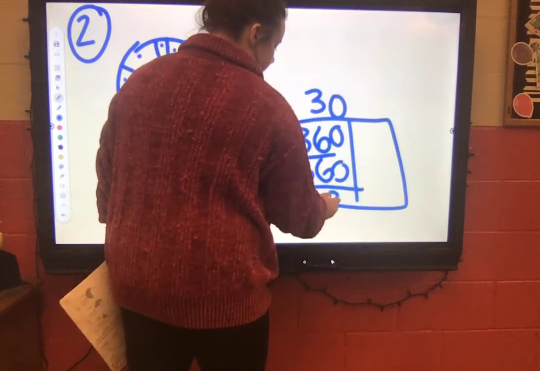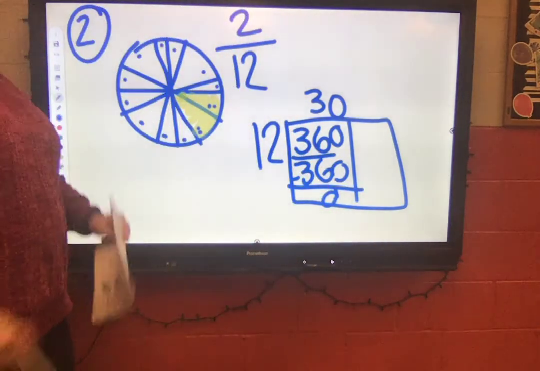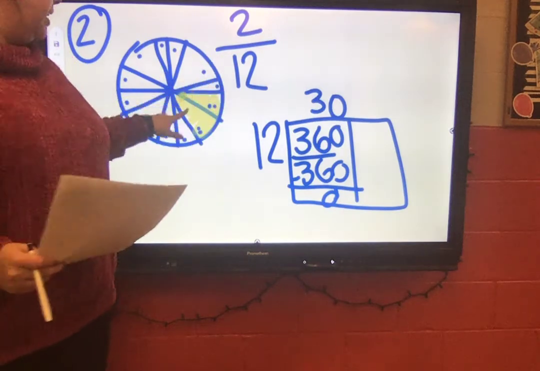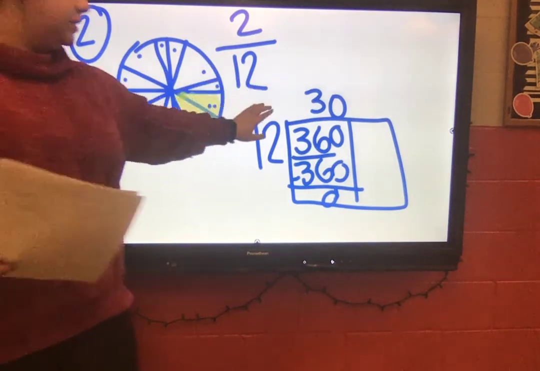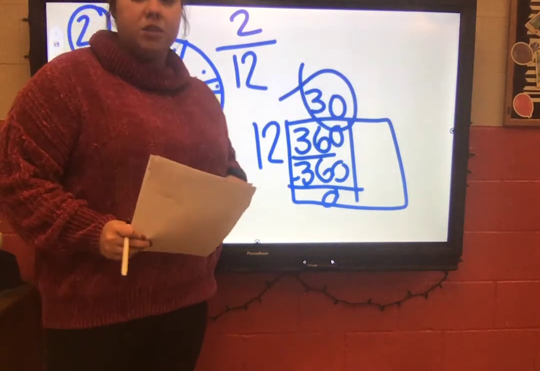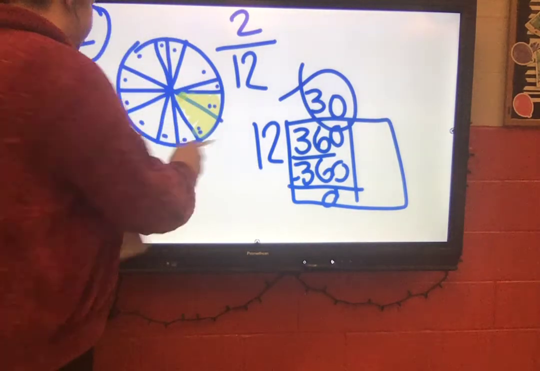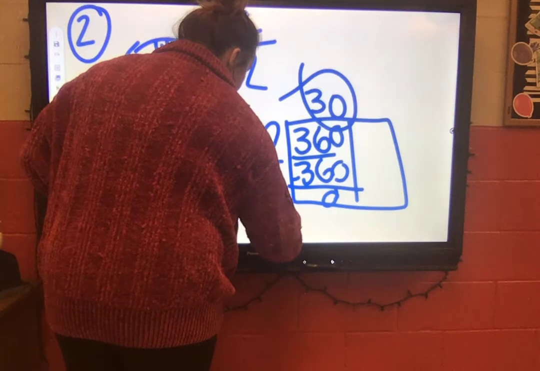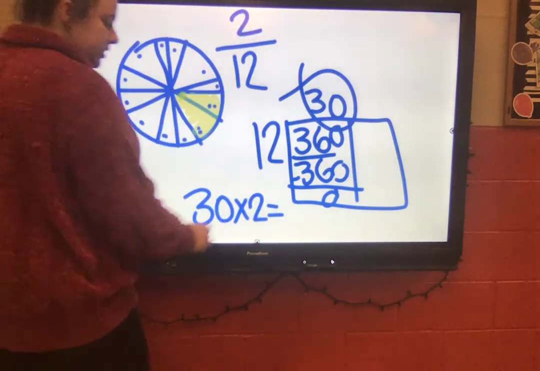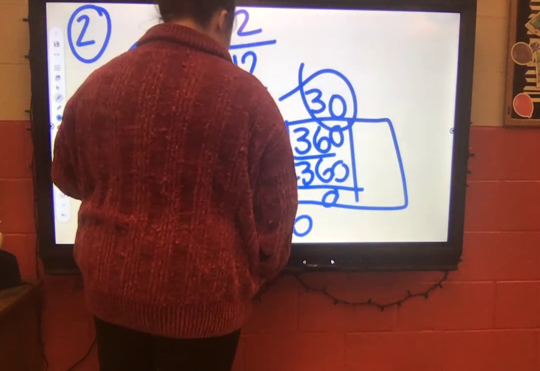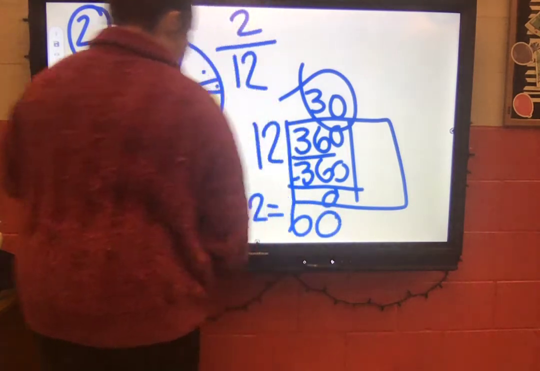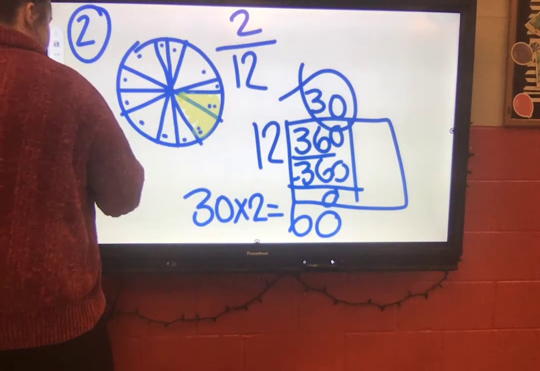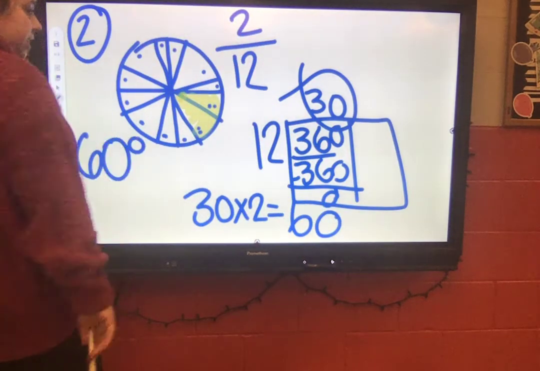Subtract it. So my answer is 30. But that's only for 1. I have 2. So again, I take my answer and multiply it by my numerator. So 30 times 2 equals, 3 times 2 is 6, 0 times 2 is 0. So my total number of degrees for this circle is 60 degrees.